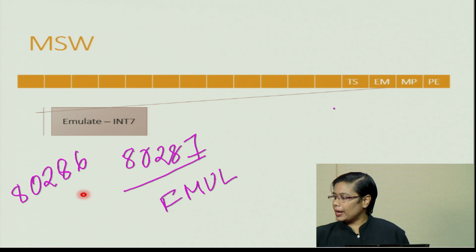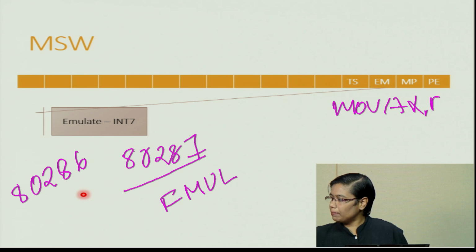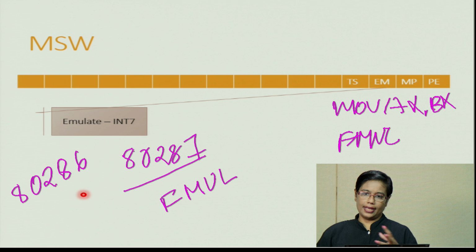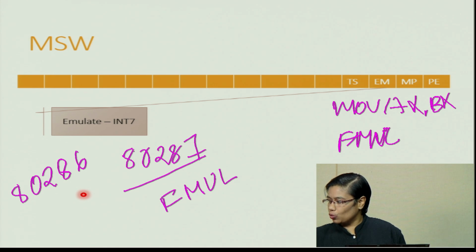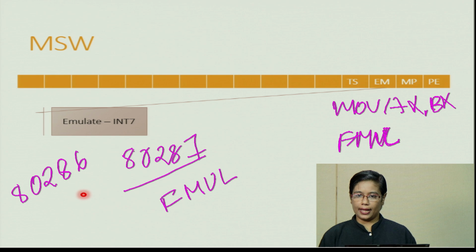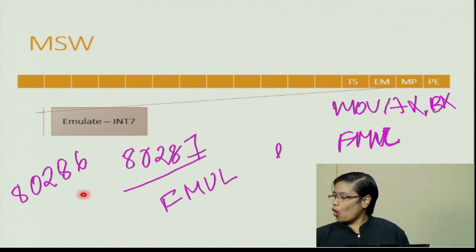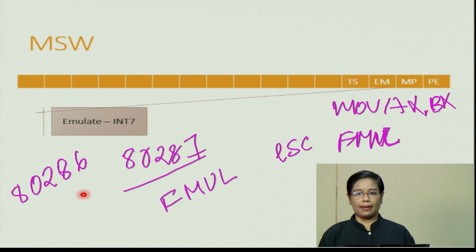For instance, I might have MOV AX, BX, followed by a floating point multiply instruction which might multiply the contents of the AX register with the BX register. This FMUL instruction, of course, cannot be executed by the 80286. For such instructions, the assembler automatically puts an escape prefix.